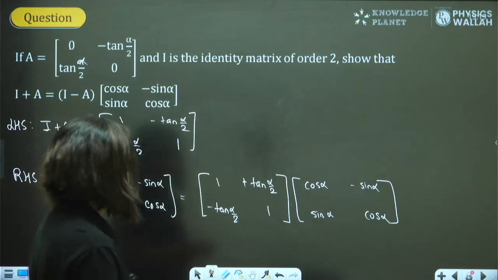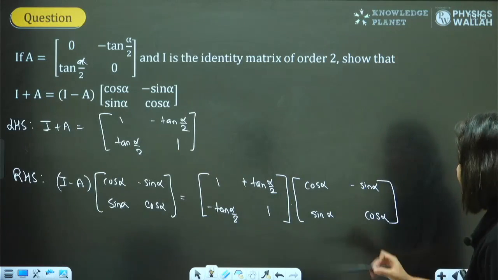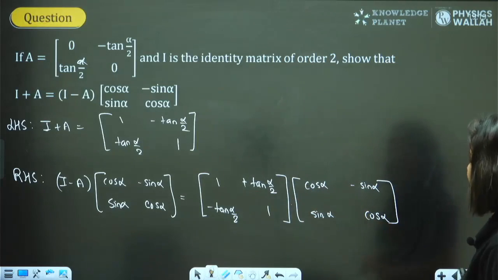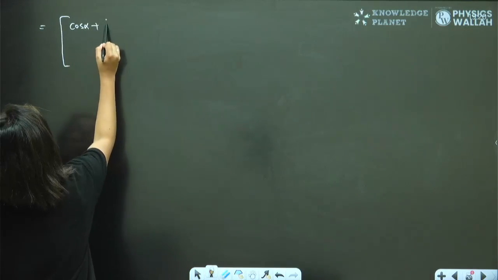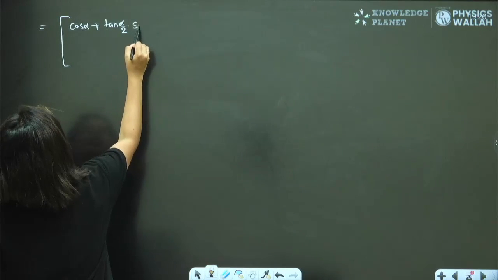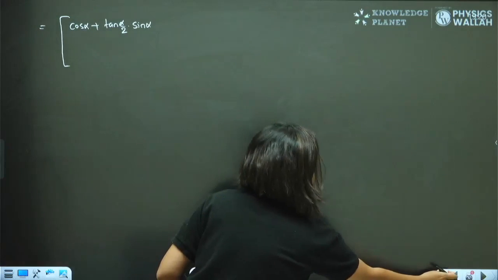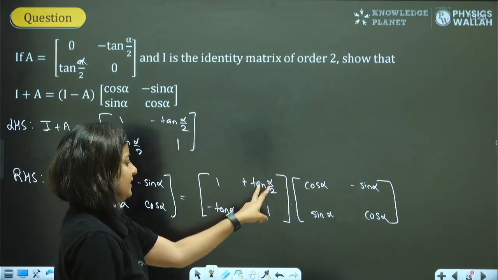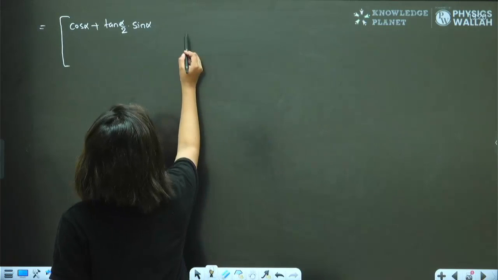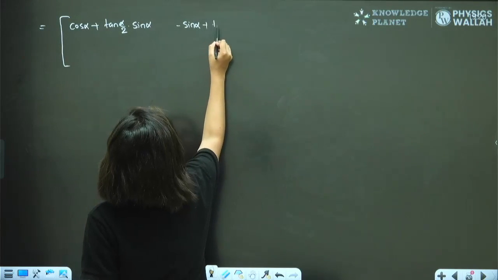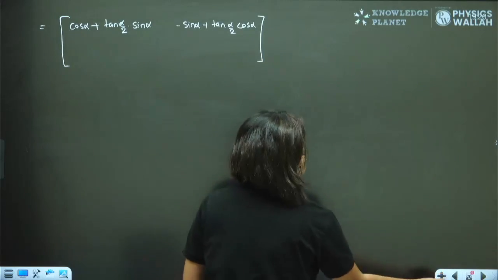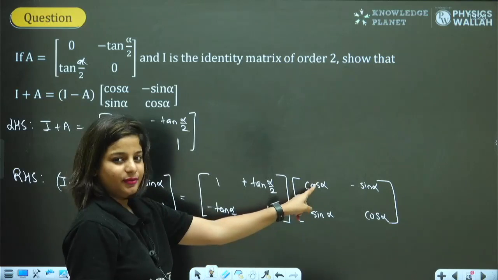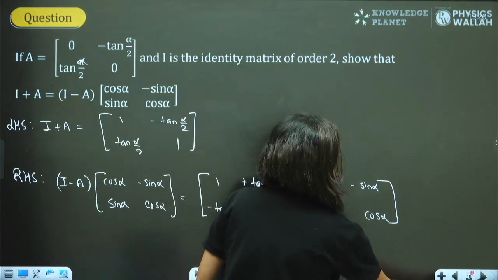Shall I do it on the next page? Yes, why not? First row, first column: cos alpha plus tan alpha by 2 into sin alpha. Right, I was right, yes. Go back, first row second column: minus sin alpha plus tan alpha by 2 into cos alpha. Come back, second row first column: minus tan alpha by 2 into cos alpha plus sin alpha.